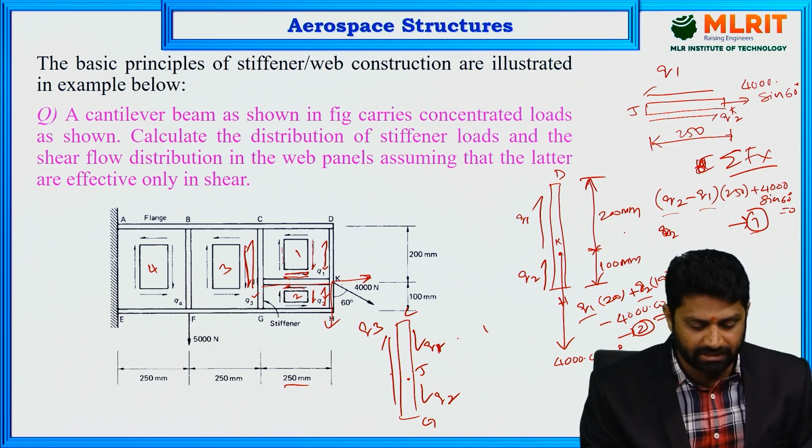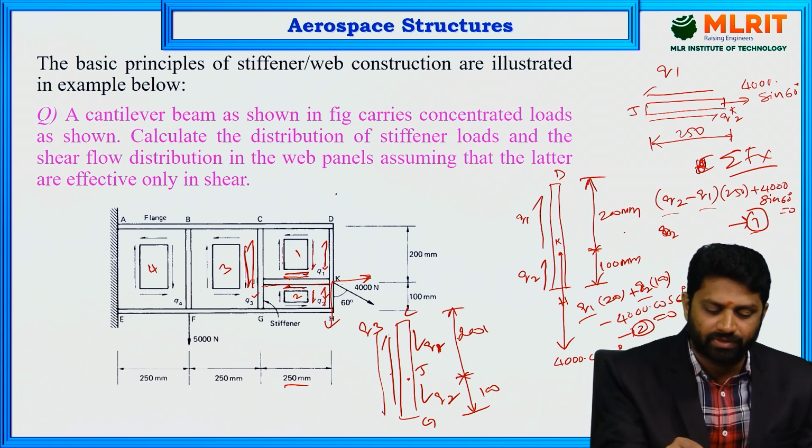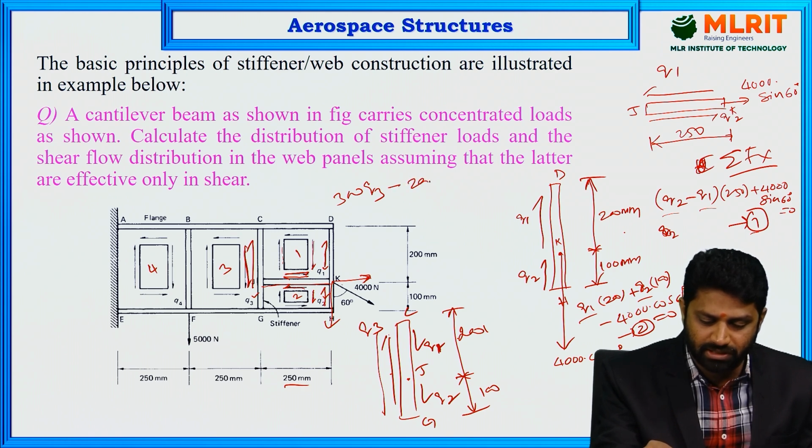What can you write in terms of the equation? The total depth is nothing but 200 plus 100, so this is 200 and this is 100. You can write 300 into Q3 equals minus 200 into Q1 minus 200 into Q2.